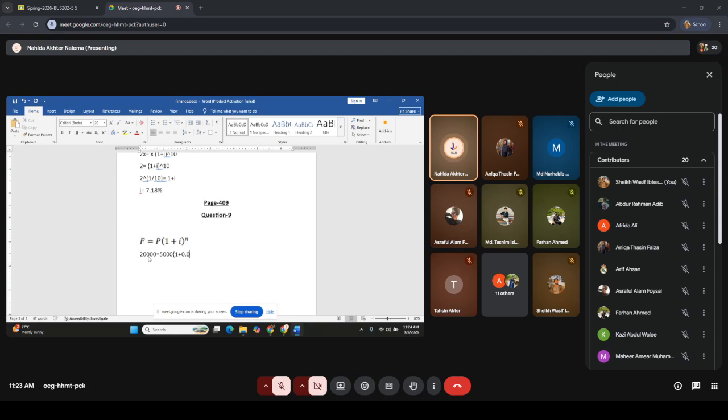So 0.07 to the power n, you need to find. So how can we find it now? How do we find n?